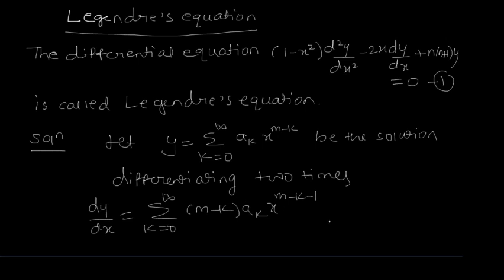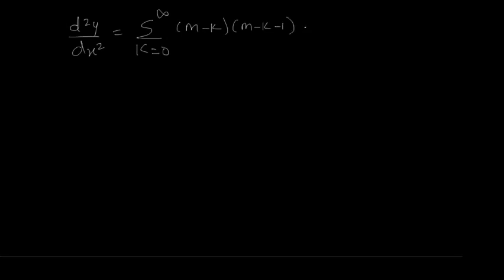Next, differentiating again, d square y by dx square is summation from k equal to 0 to infinity, (m minus k) into (m minus k minus 1) a_k, a_k is constant, x to the power m minus k minus 2.